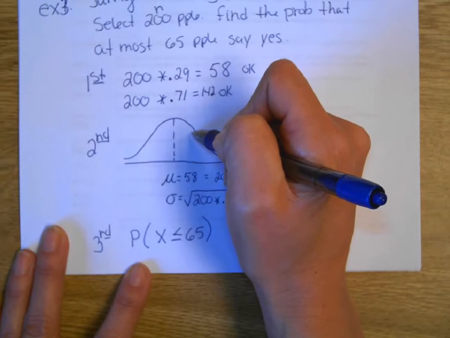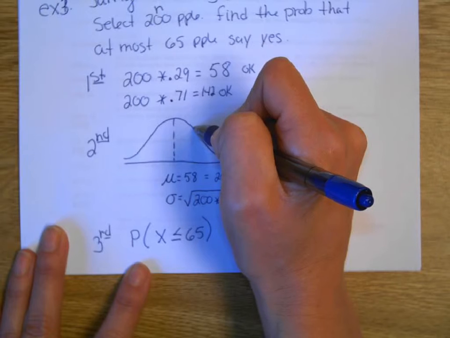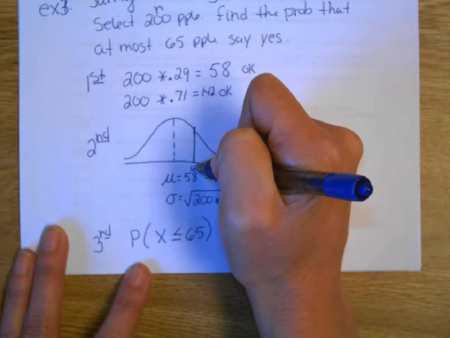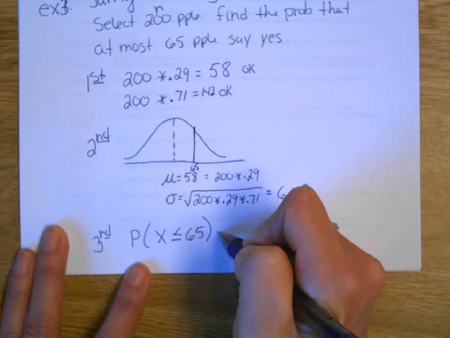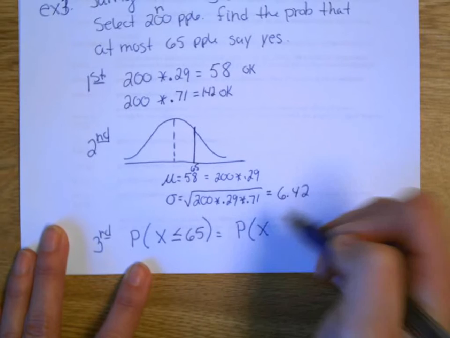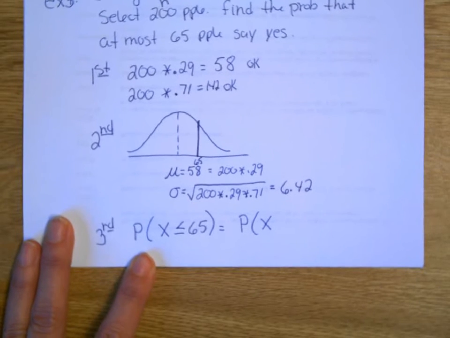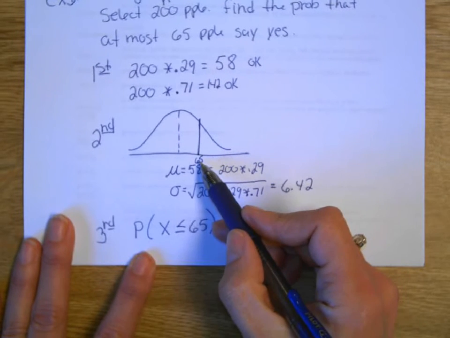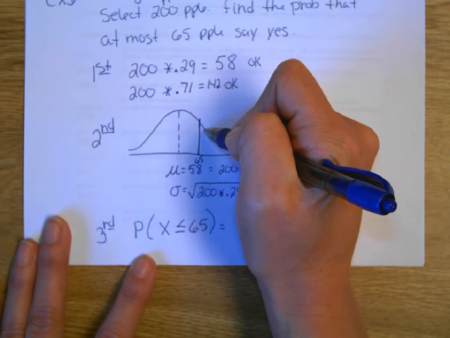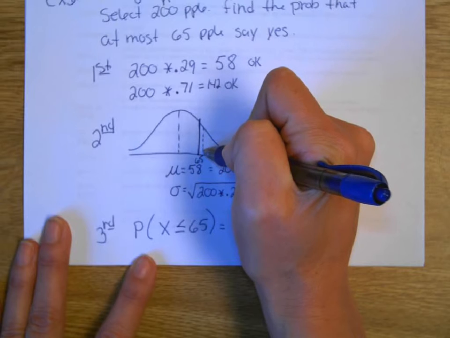So here, I'll put it on my graph. Here's the 65. It's somewhere up here. So we are looking for the probability that X is what? What does the 65 get corrected to? 65.5. And do you want me solid or dotted at 65? Dotted.